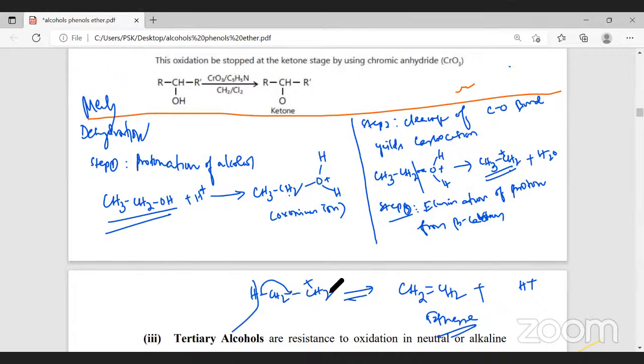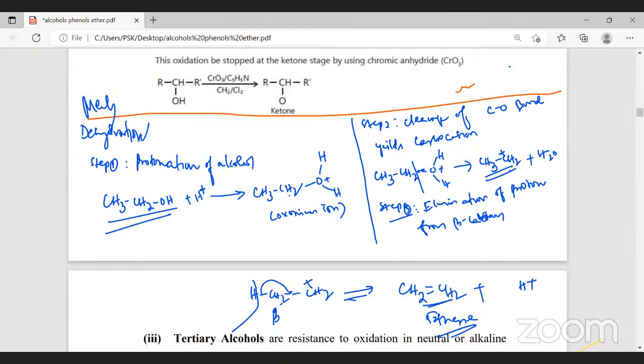Here the functional group was CH2OH, so this is the alpha carbon atom. Next to the alpha carbon atom is the beta carbon atom. Hydrogen is eliminated from the beta carbon atom, so it is called beta elimination. So you get an alkene. Did you follow this reaction? Yes, sir. Any clarification?